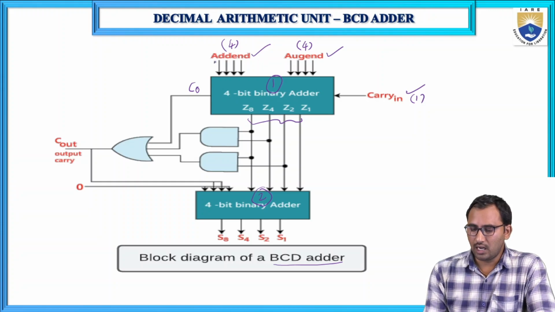So this has added bits and AND bits. Added means the number which we are adding to another number; that is called added bits.